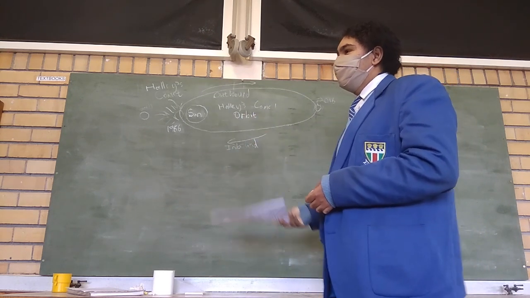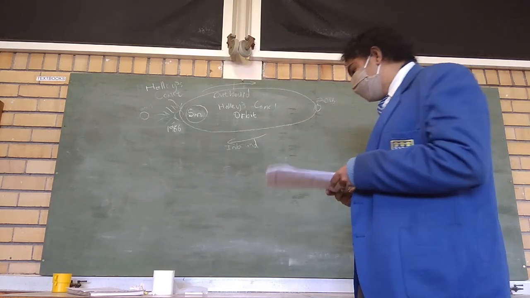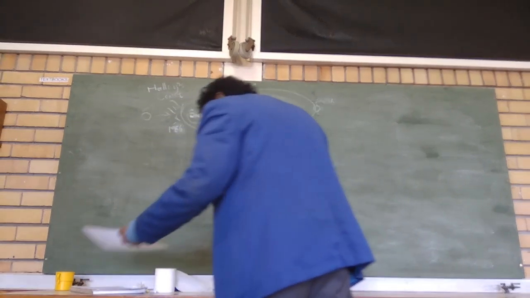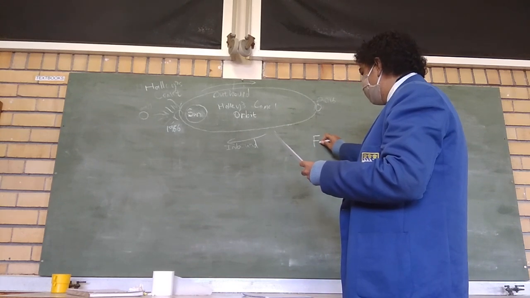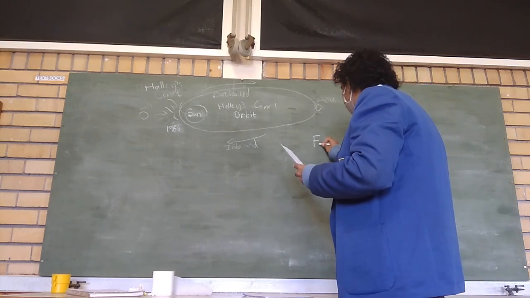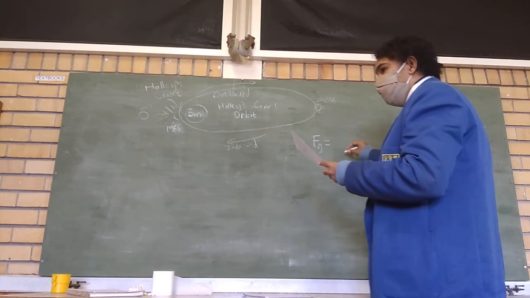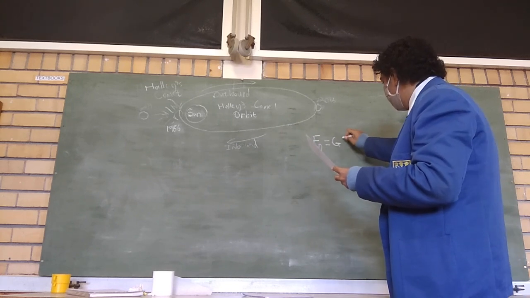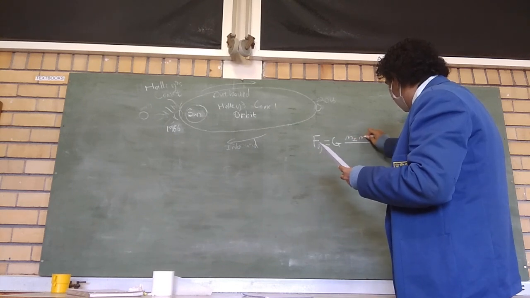Just write the formula. It's on your formula sheet. It's the force of gravity, and it's equal to, what is that formula? Newton's universal gravitational formula: G M1 M2 over R squared. And because the R, or distance from the sun, is so small, the force is so great.